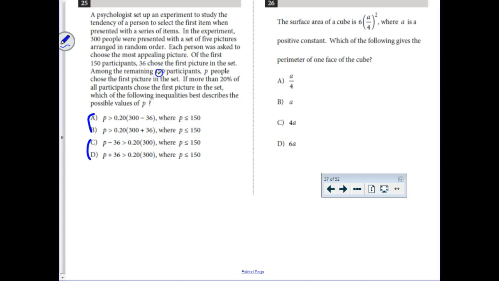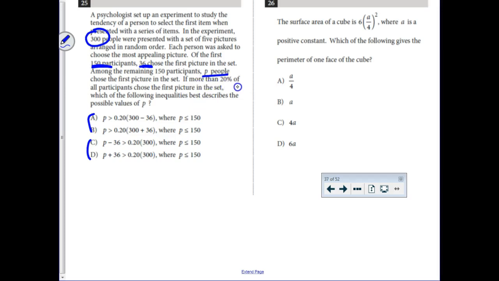Let's go back and read the question, because I already forgot what the details were. It's been that long, apparently. Each person was asked to choose the most appealing picture out of 300, right? So 300 people. Of the first 150 participants, 36 of them chose the first picture in the set. Of the remaining 150 participants, P people chose the first picture in the set.